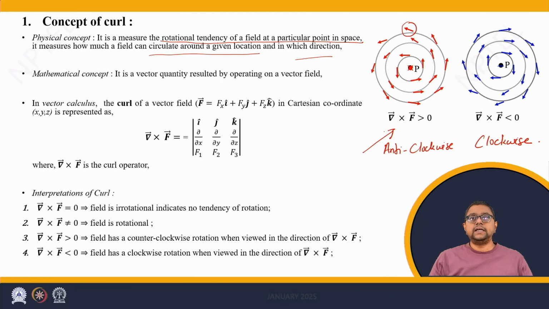We can see that the first picture indicates an anti-clockwise direction of rotation, while the second figure in blue shows a clockwise rotational tendency. The curl of a field F is positive for anti-clockwise rotational tendency, while it is negative for clockwise rotational tendency.